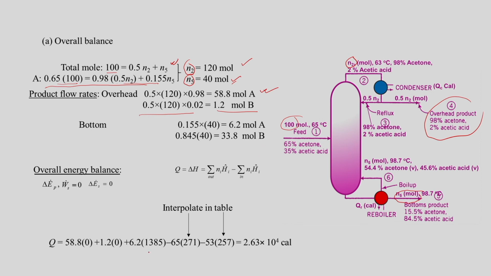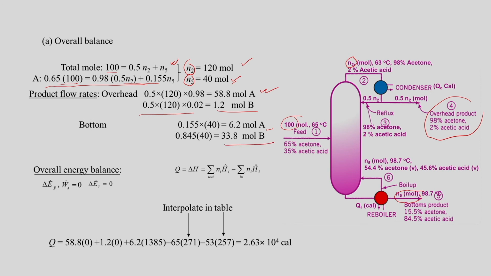Here A is basically acetone, and B is basically acetic acid. So, we can say this amount of acetone and this amount of acetic acid will be coming out from the bottom.